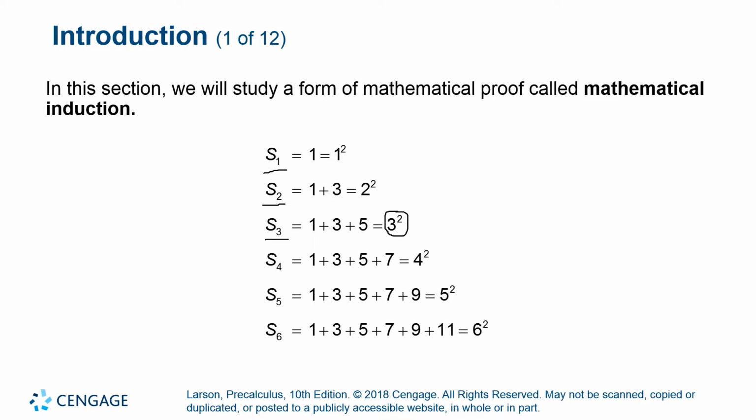We can see that every time we add several odd numbers consecutively, we end up with how many numbers we're adding, starting from the first number, squared. So S5 would be 5 squared, S6 will be 6 squared, S7 will be 7 squared.